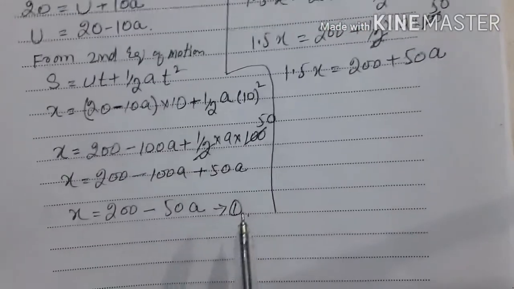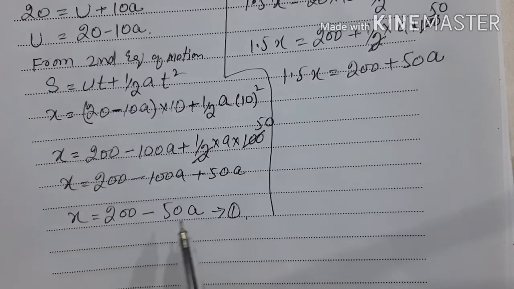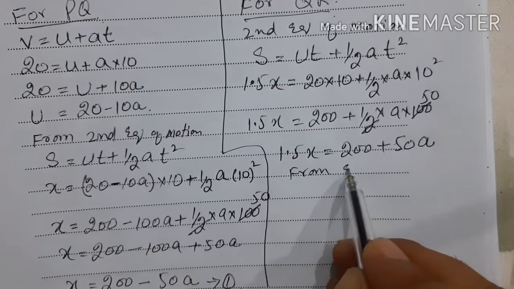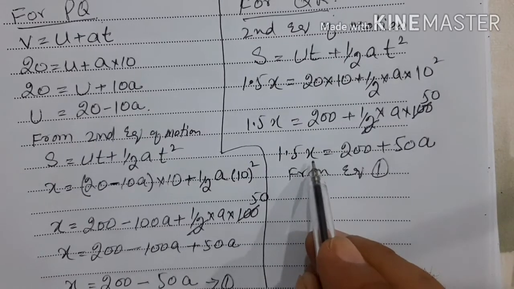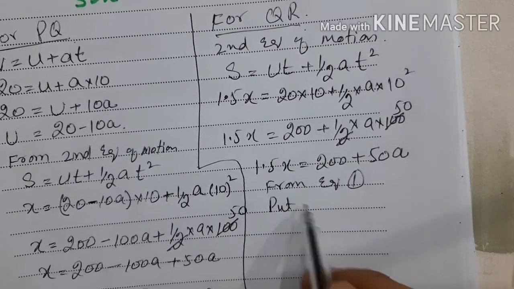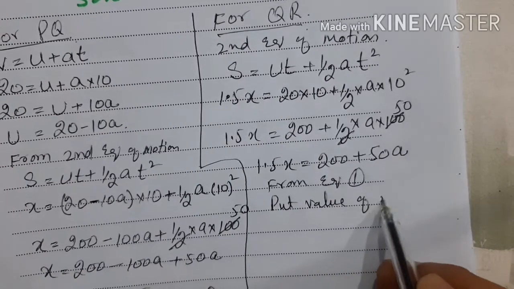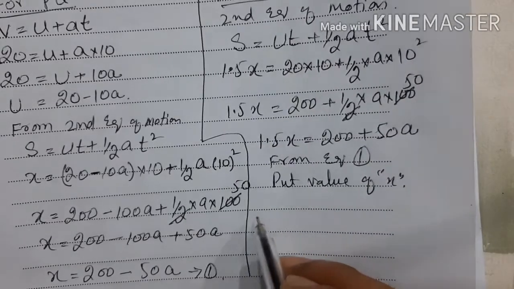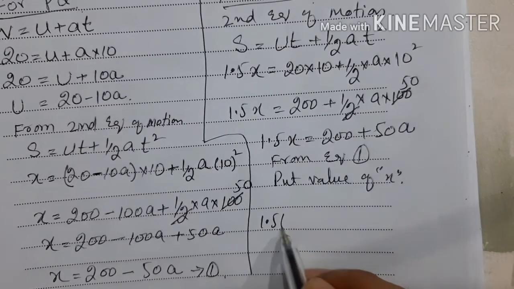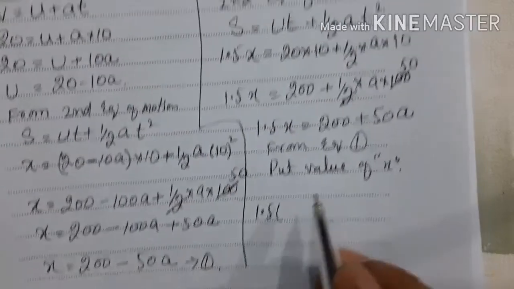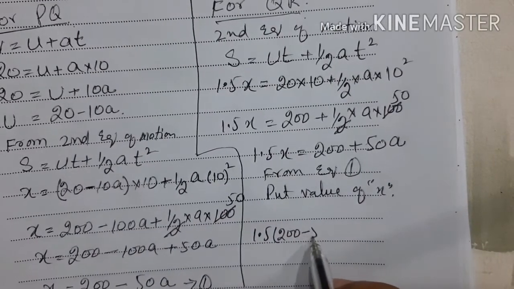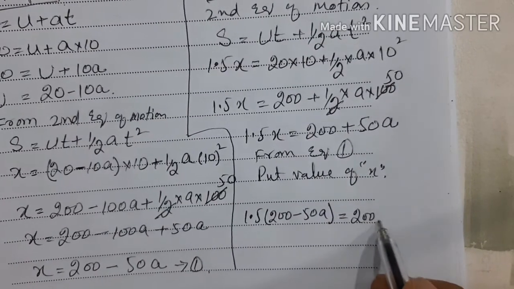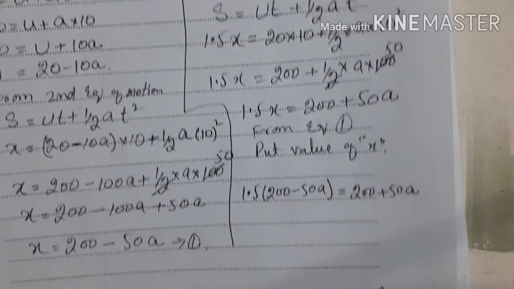Now I will put the value of x from equation 1 here. So 1.5 into x, which is 200 minus 50A, is equal to 200 plus 50A.